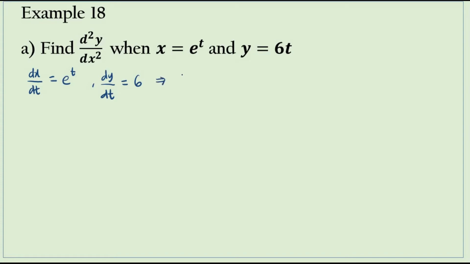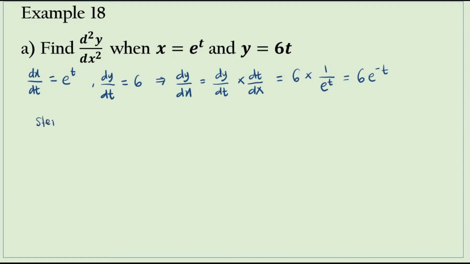Following our chain rule, dy/dx is dy/dt times dt/dx. In this case, this will be 6 times 1 over e to the power of t, and our final answer here will be 6e to the power of negative t. Now, in order to find our second derivative, we have two main steps.